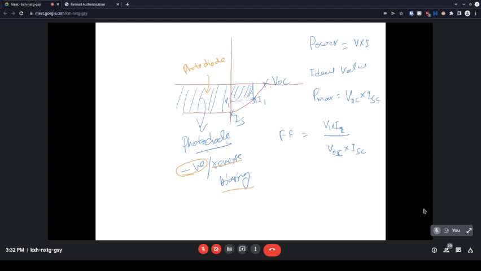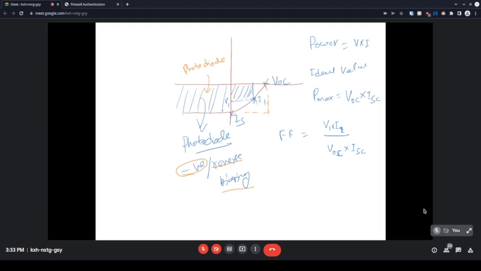This is the region where, if VOC has a graph in this manner, it means ISC remains a constant current value up to VOC, whatever load you apply, and its fill factor becomes 1.